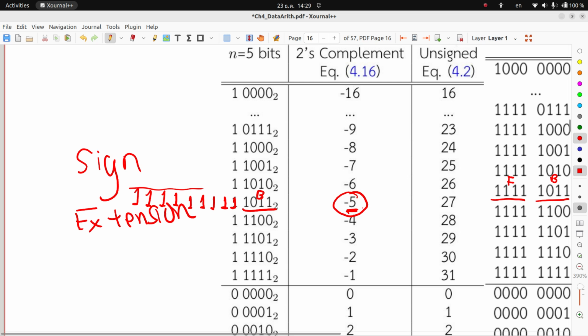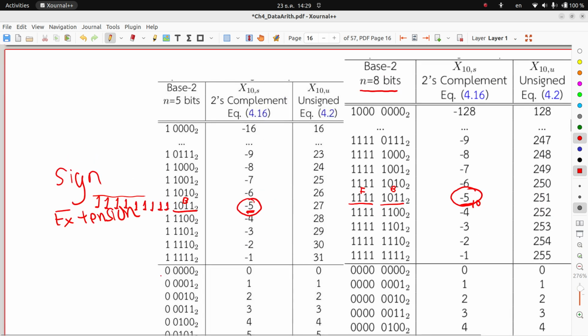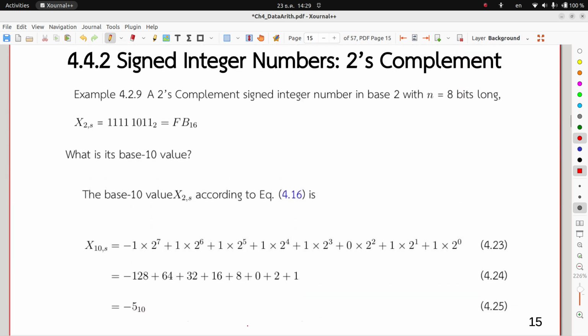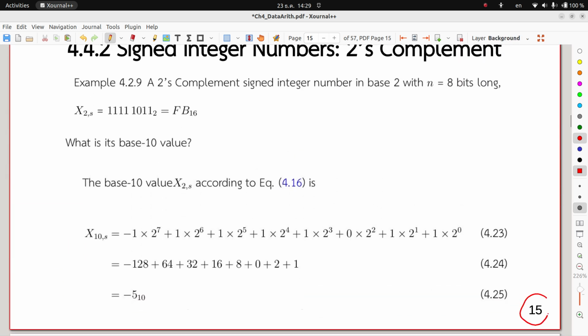Now, the inventor of 2's complement is going to say, oh, I'm so glad you guys study my idea. And if you go back to page number 15, it's 8 bits long, right? FB.